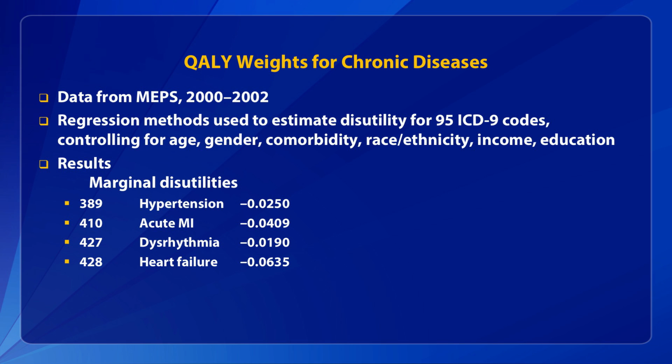Imagine a person with chronic hypertension with a remaining life expectancy of 20 years. You could say that the person has a quality-adjusted life expectancy of 19 years and 6 months, or a loss of 6 months in quality-adjusted life expectancy. This is derived by multiplying 0.025 by life expectancy to get 0.5 years or 6 months.